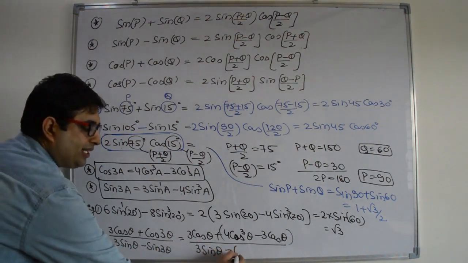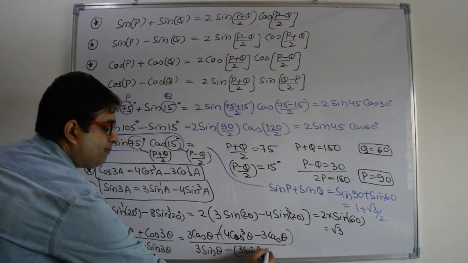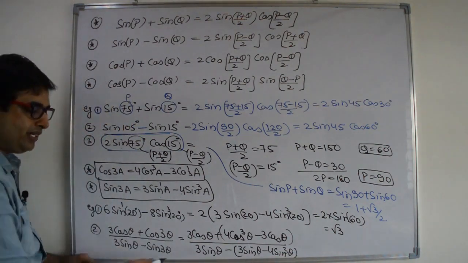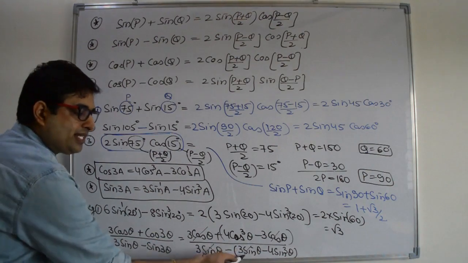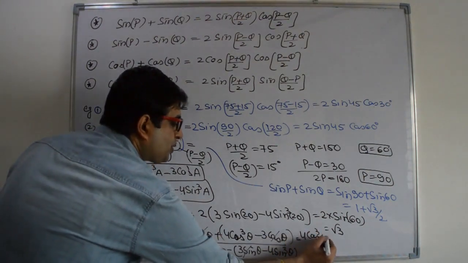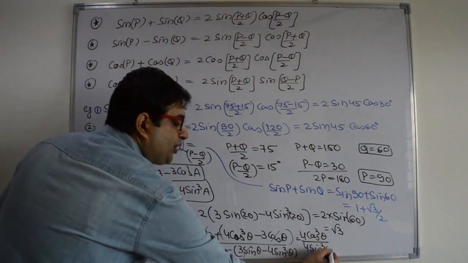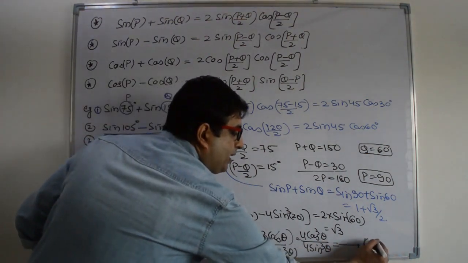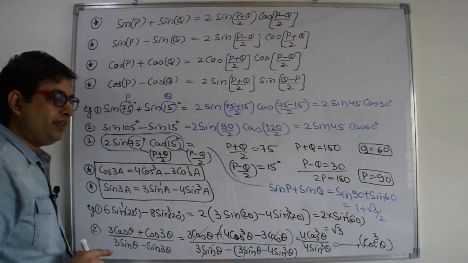Replace sin 3 theta. Sin 3 theta is 3 sin theta minus 4 sin power 3 theta. Right? So this term will cancel out with this and this term will cancel out with this. So what we will get? We will get 4 cos cube theta divided by 4 sin cube theta. So in result, what we will get? We will get cot power 3 theta. This is our answer. Right?